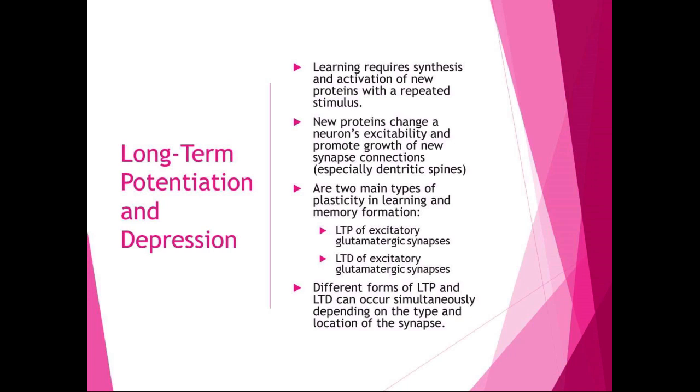So when I was saying you're reinforcing these new synapses, you're strengthening existing synapses and you're creating new ones, and the ones you're not using sort of go by the wayside. So the ones you're not using, that's the long-term depression. The ones you're using more, that's the long-term potentiation. So the idea is that you can make change by what you're doing. So you're learning new tasks, you're learning new ideas, you're learning new information, and that is changing your nervous system. Pretty cool, right?